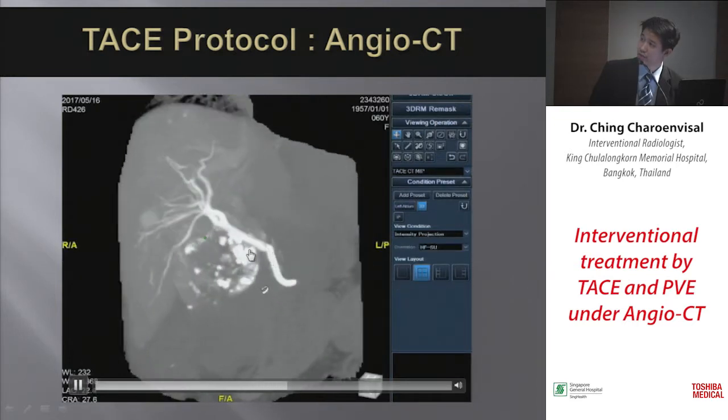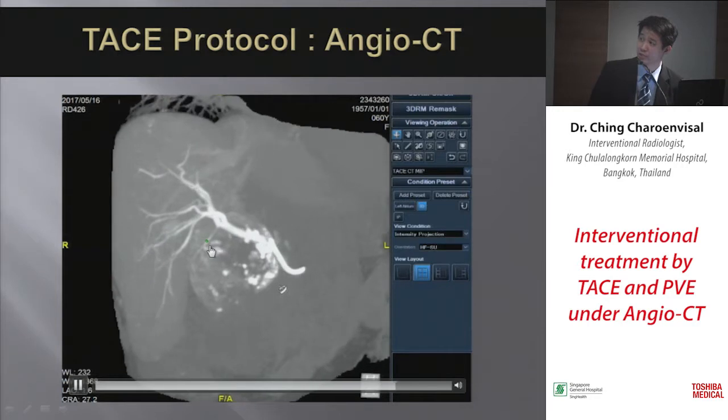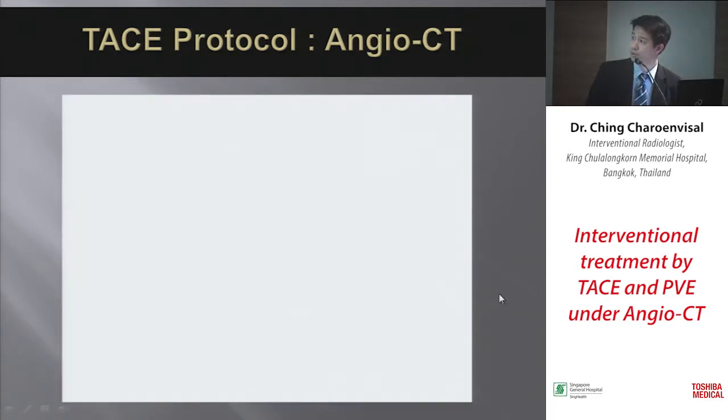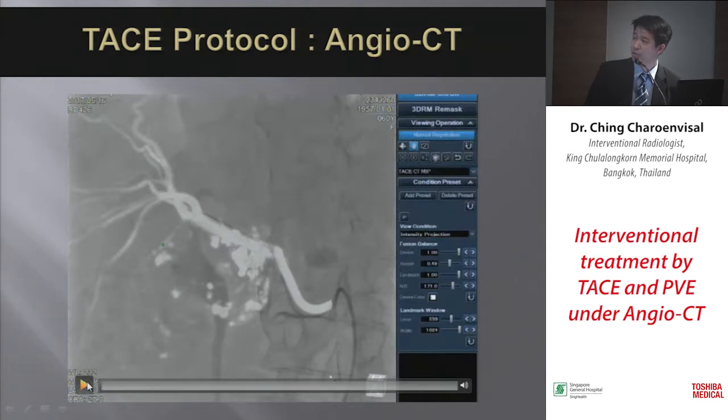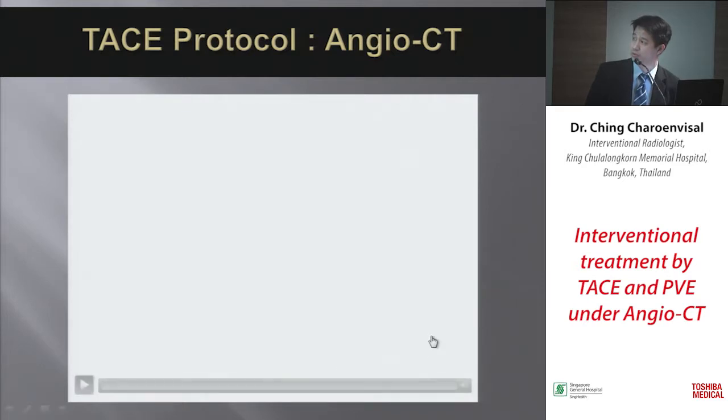And then the marker will show on the 3D image, and you can find the angle at which you can see the vessel most clearly. And then you move the fluoroscopy to the same angle and use the 3D image for road mapping when you select into the vessel.